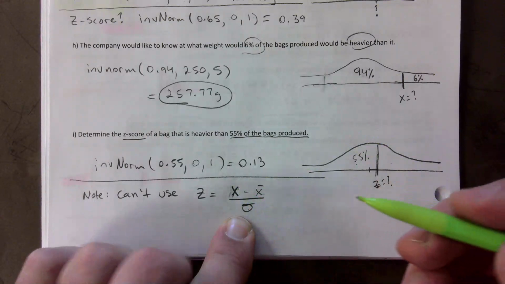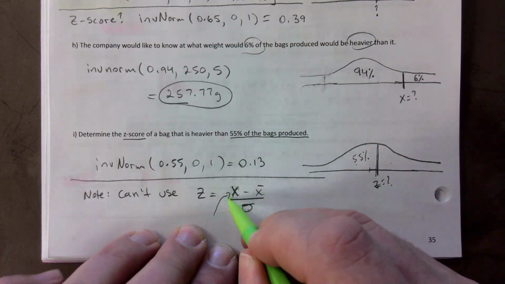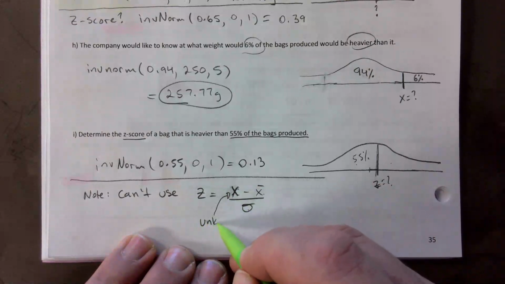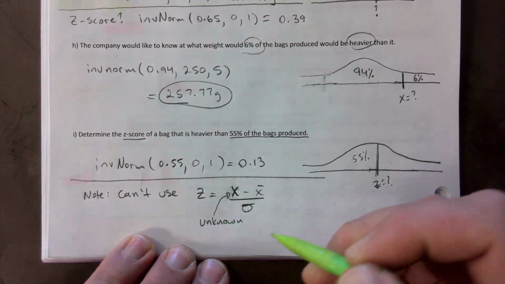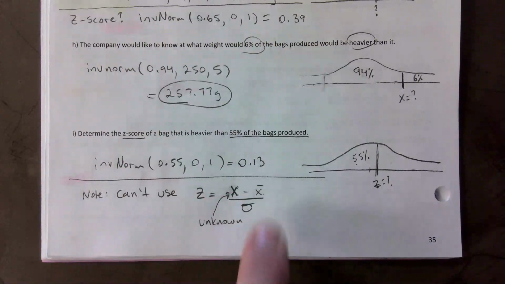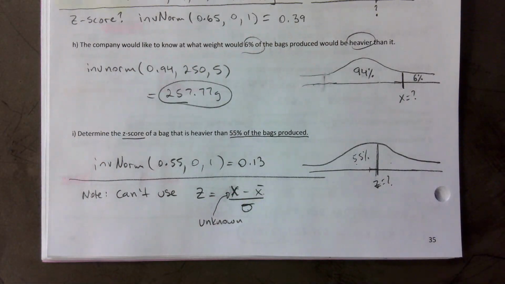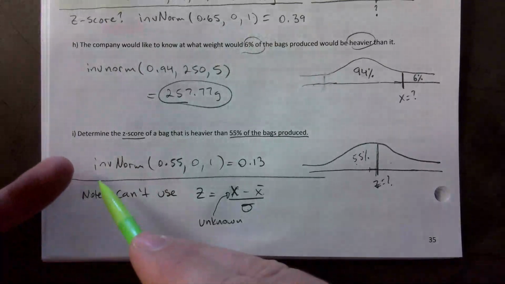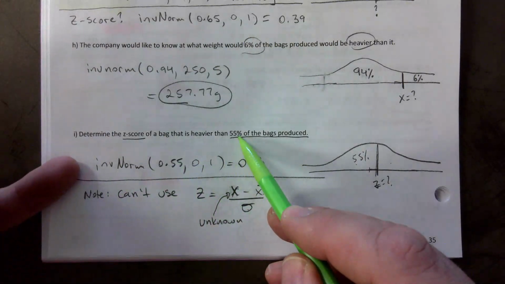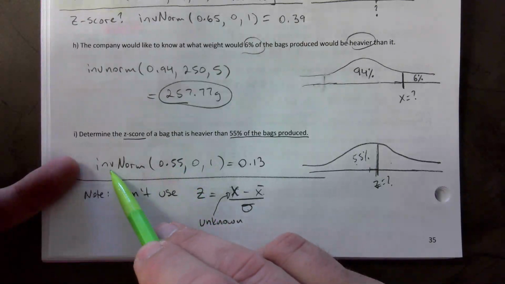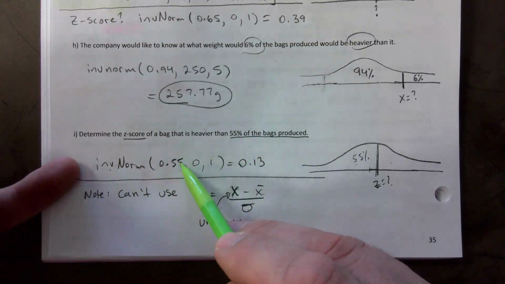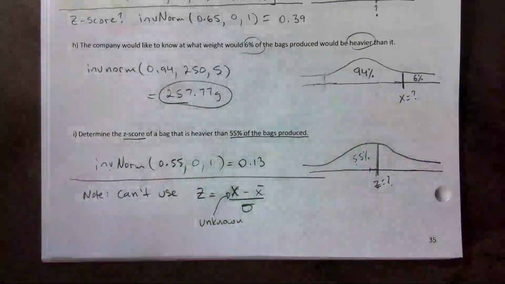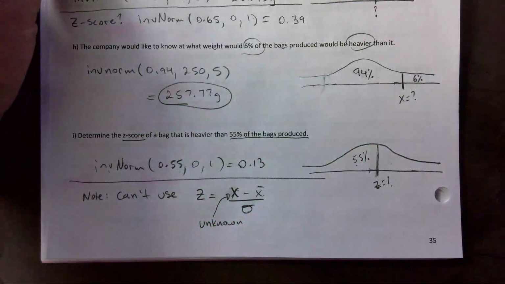So that's why I don't know this, unknown. That's why I cannot use this formula. So sometimes you'll just try it and be like, I'm stuck. And because I give you the percentage, you should know, oh, this is probably inverse norm, right? When I give you percentage, it's inverse norm. That's another hint that gives that one away.